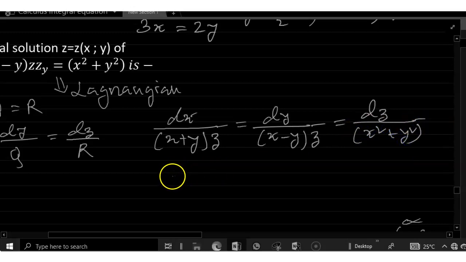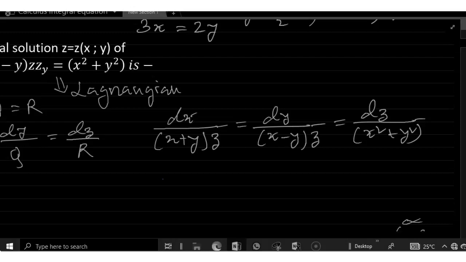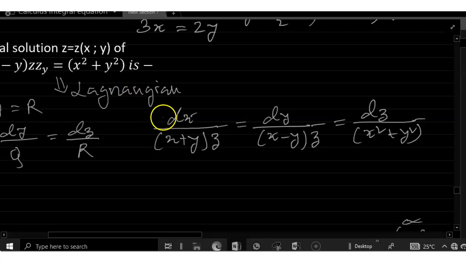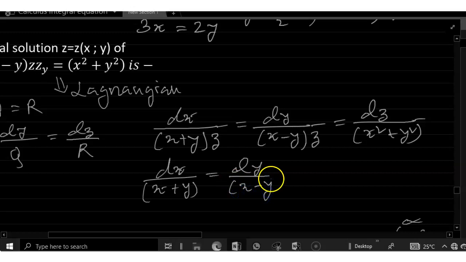So now I can write this equation in this way. First I compare these two factors, that is dx divided by (x plus y) equals to dy divided by (x minus y).